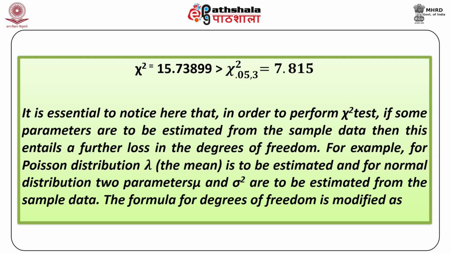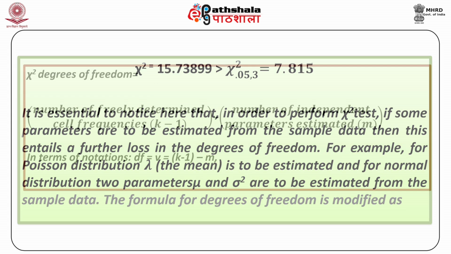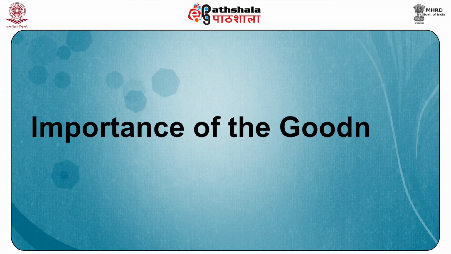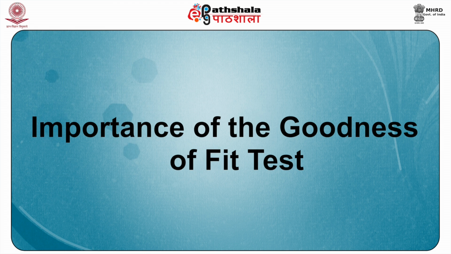Therefore, the formula for degrees of freedom is modified: for chi-square, degrees of freedom is equal to the number of freely determined cell frequencies, which could be written as k minus 1, minus the number of independent parameters estimated from the sample, which could be written as m. So in terms of notation, degrees of freedom nu is equal to k minus 1 minus m.